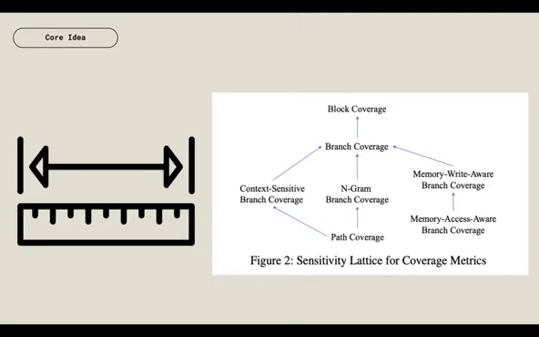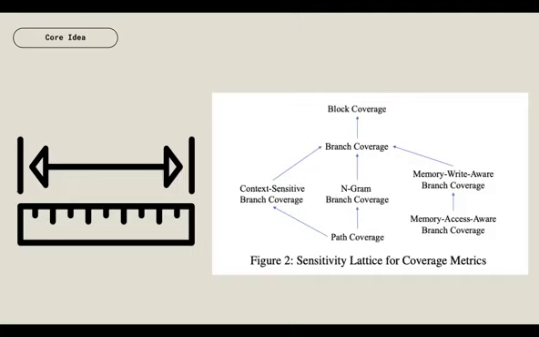So in the paper as well, the authors go into what's known as a sensitivity lattice, which they had this diagram for in the paper. It is very complex, and we'll cover some of it later on in the presentation. But to describe this relation between coverage metrics, they introduce the concept of a sensitivity lattice.